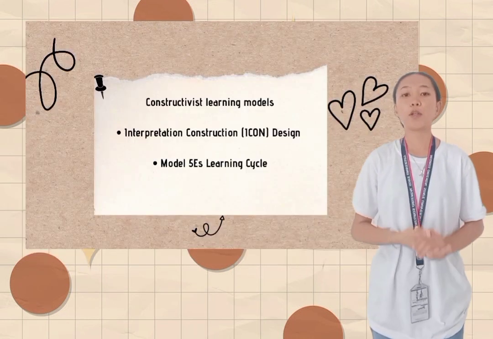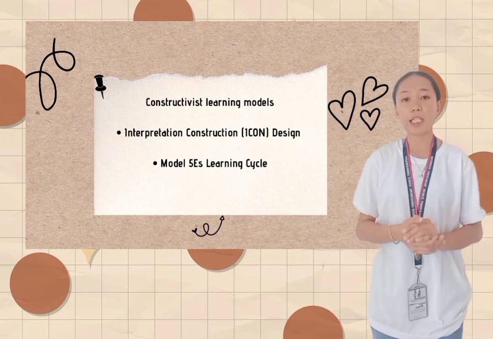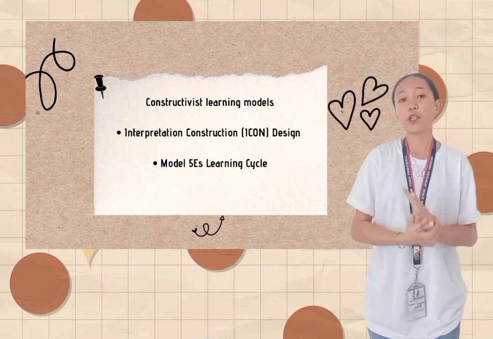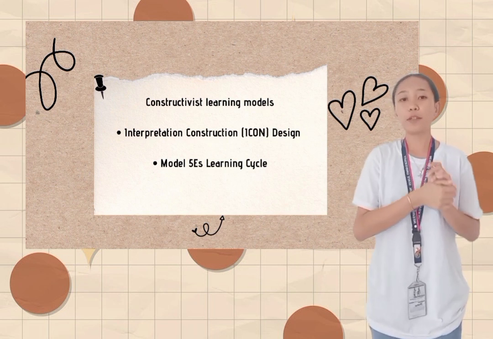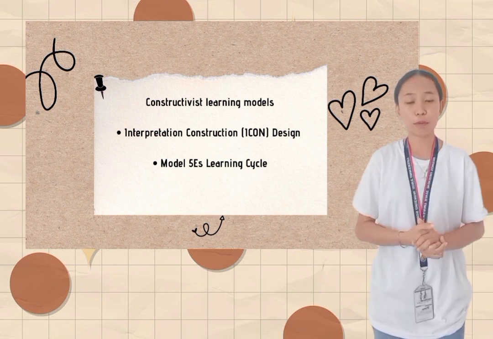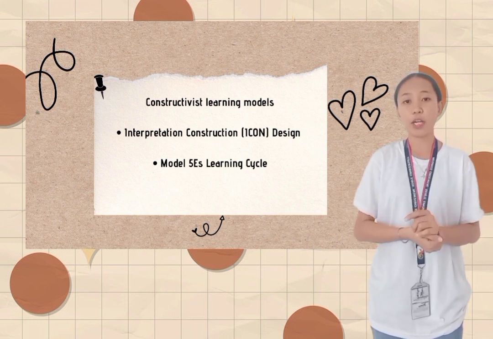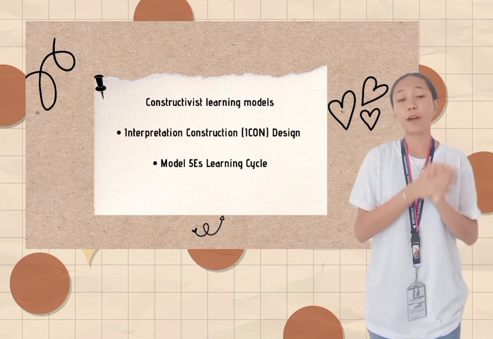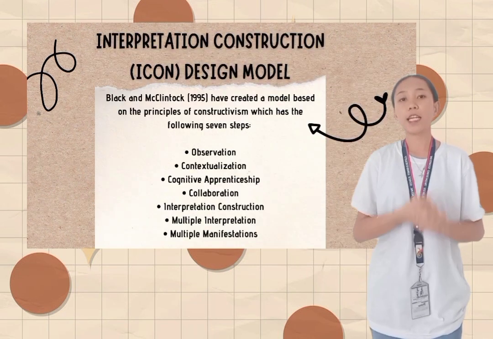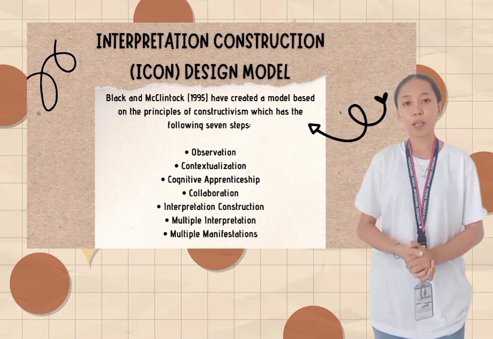There are many constructivist learning models which can be used for teaching of social studies. But two major learning models that can really revitalize the social studies classroom are as follows. First is the Interpretation Construction, or ICON, design model, and the 5E's learning cycle. So first is the interpretation construction design model.